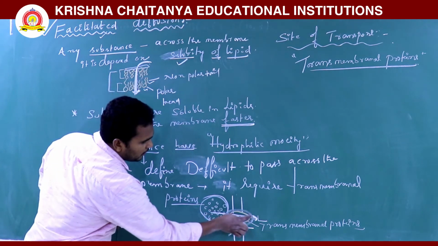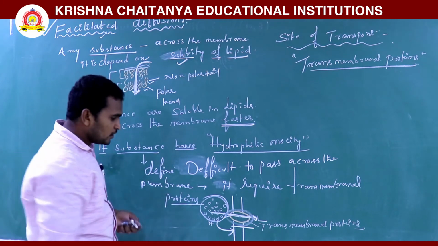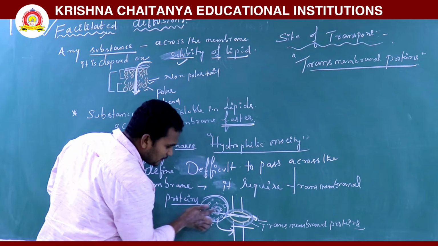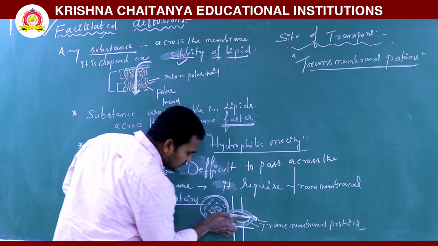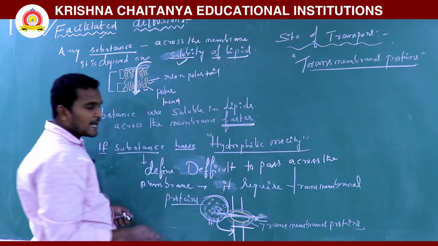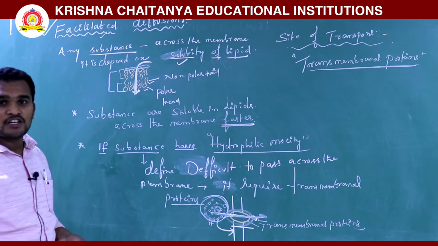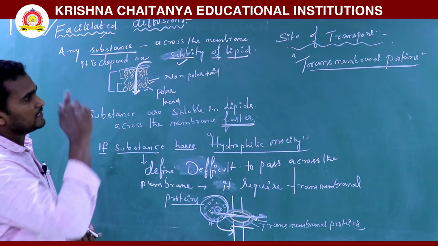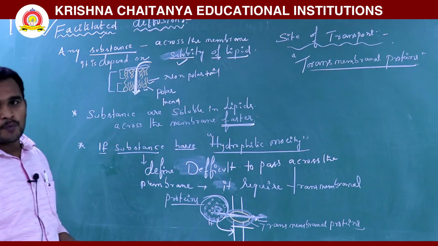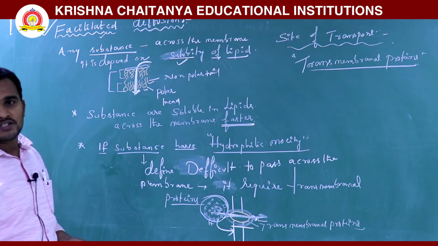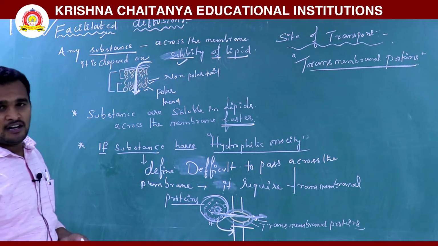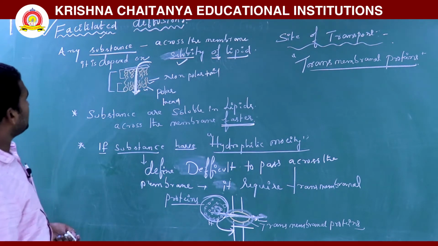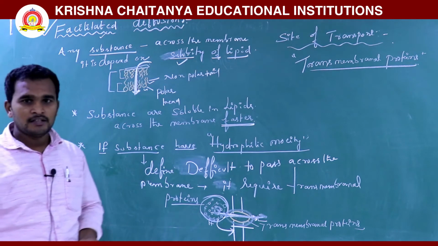These proteins help hydrophilic moiety substances pass from high concentration to low concentration through specialized proteins called transmembrane proteins. So this process is called facilitated diffusion.